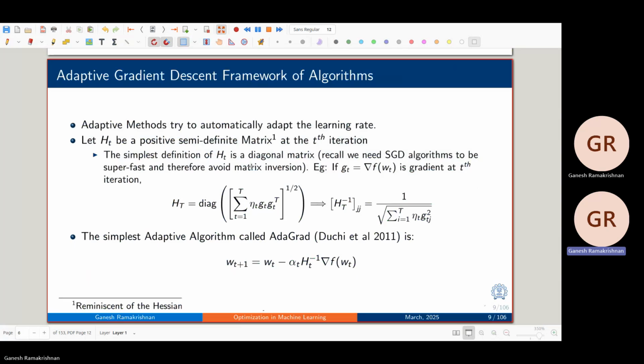So the part inside is a summation norm. Remember that there is a significant motivation for taking gradient norms, even from the curvature information that we get through strong convexity and also Lipschitz smoothness.